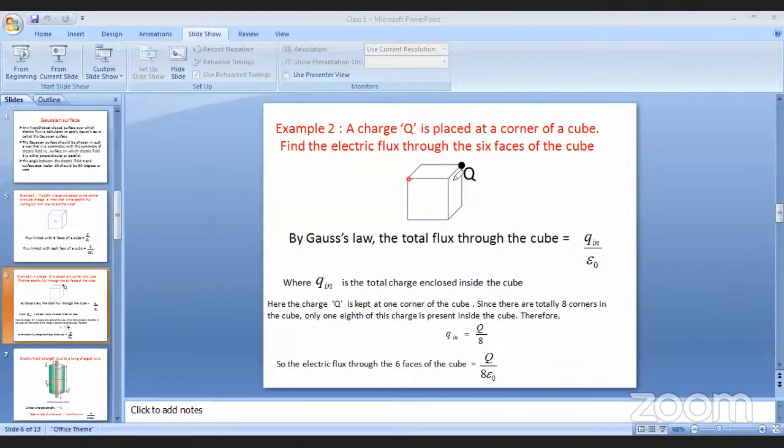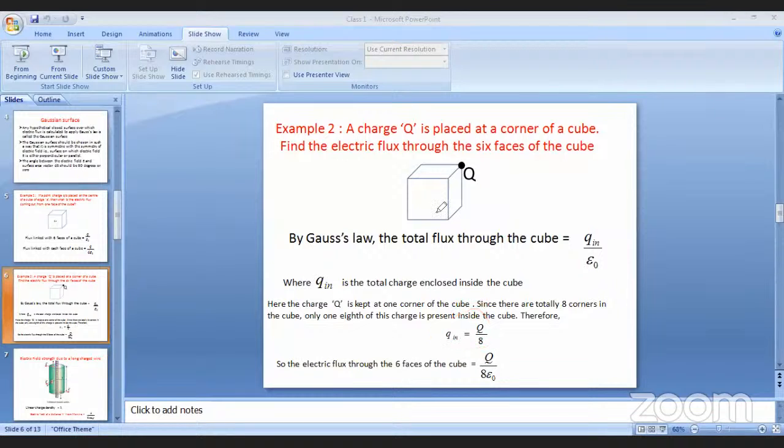Whenever you want to describe the charge present inside this cube, it is actually Q by 8. This charge makes a contribution of 1/8 only. So the charge inside is Q by 8. This is the total charge enclosed within the cube.